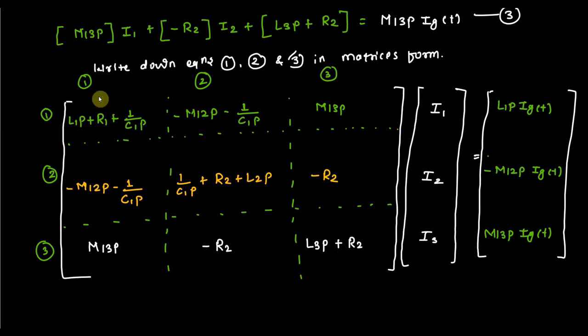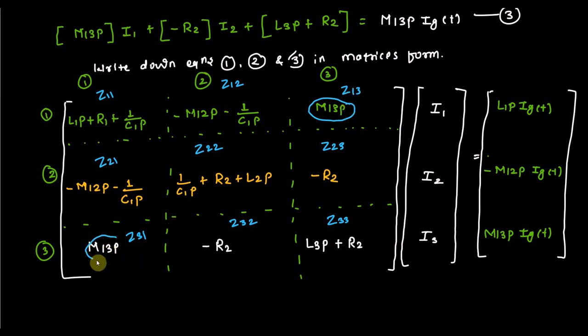Now in this we can check whether our answer is correct or not. I can tell you that this term is Z11, this term is Z12, this term is Z13, Z21, Z22, Z23, this term is Z31, Z32, and Z33. So you can see that Z13 and Z31 both are same.